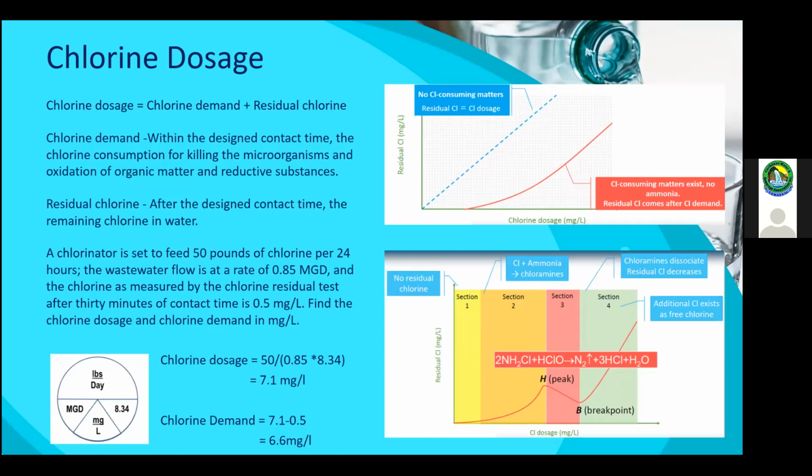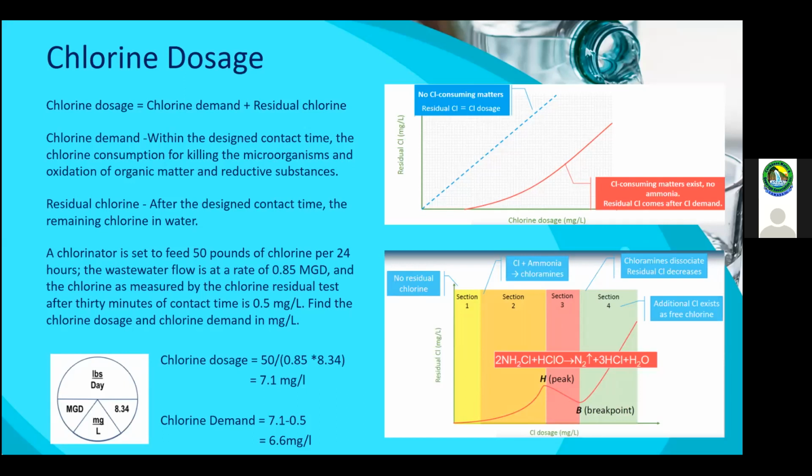So your chlorine demand is basically that chlorine that is consumed to kill your microorganisms and oxidize that organic matter that you have existing in the water or remaining in the water, and whatever reductive substances are there.